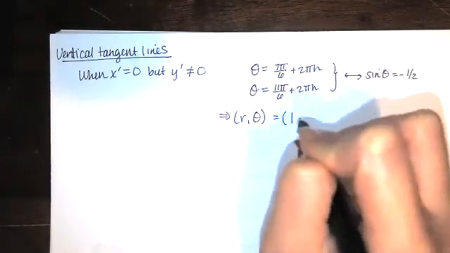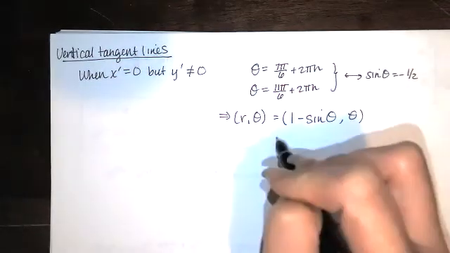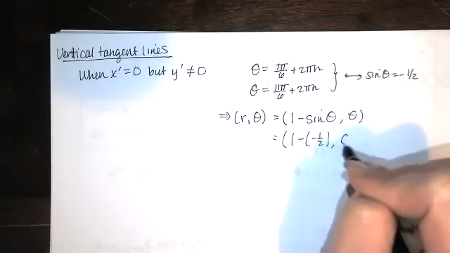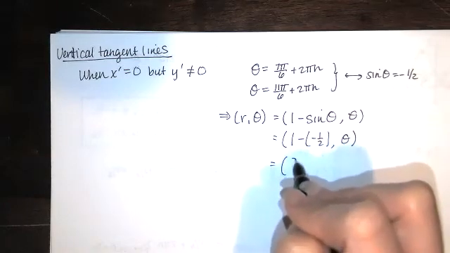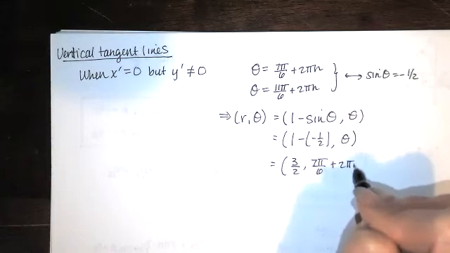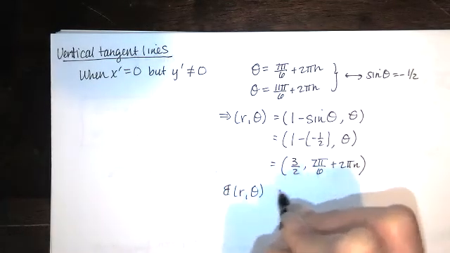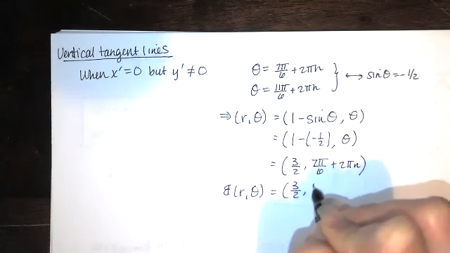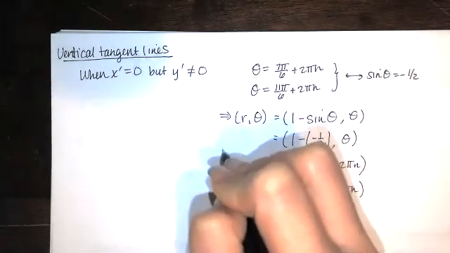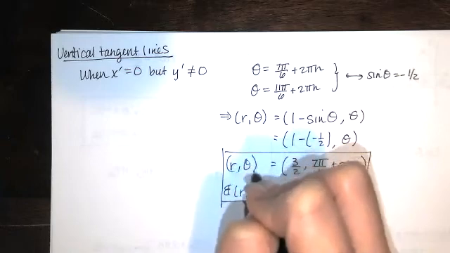So r is 1 minus sine of theta, and theta is given by these values. So we're going to have 1 minus a negative 1/2, and theta is given by those values. So we'll have 3/2 and 7 pi over 6 plus 2 pi n, and 3/2 and 11 pi over 6 plus 2 pi n. These correspond to vertical tangent lines.